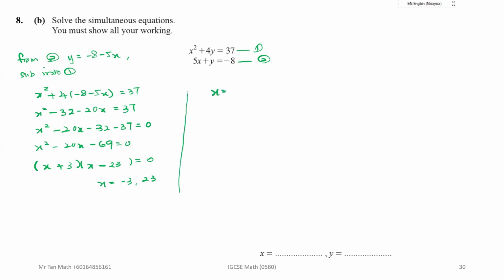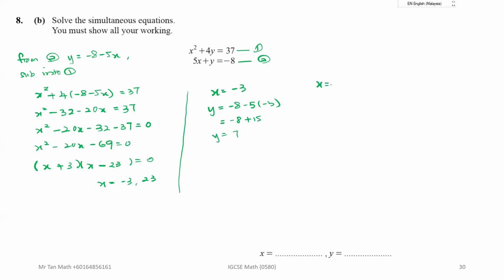So when x equal to negative 3, y equal to negative 8 minus 5 times negative 3, so equal to minus 8 plus 15 equal to 7.